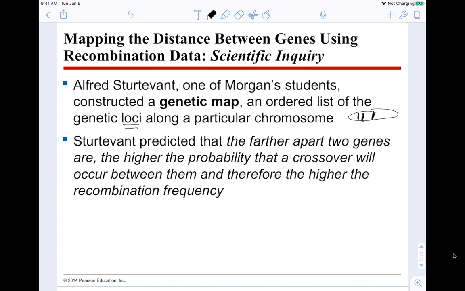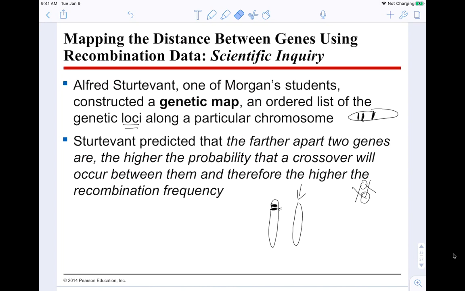Makes sense. Let's think about it. If you have crossing over, I'm just going to draw a simpler version of this. Crossing over is, like I said, when these little legs get tangled and you split and end up exchanging genetic information. If you have a gene that's right here and a gene that's right here, the odds of some sort of crossing over with another chromosome that's going to split right in the middle between those two to separate them, that's not very likely because they're very close together.